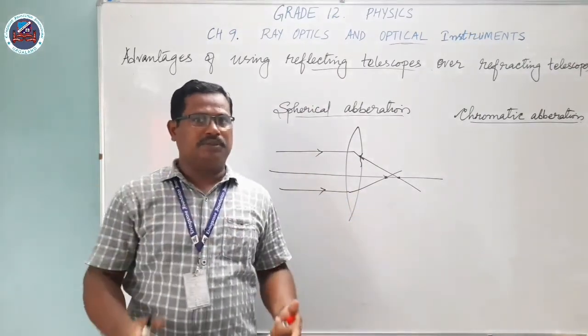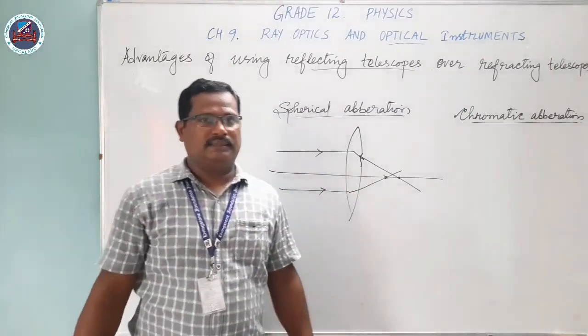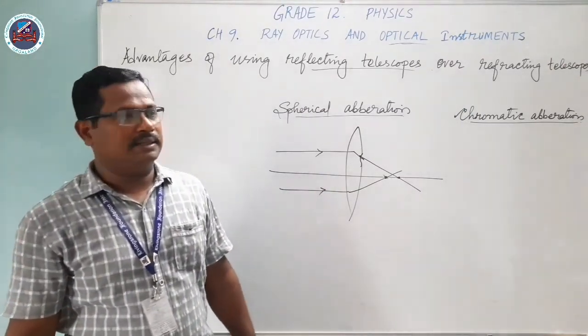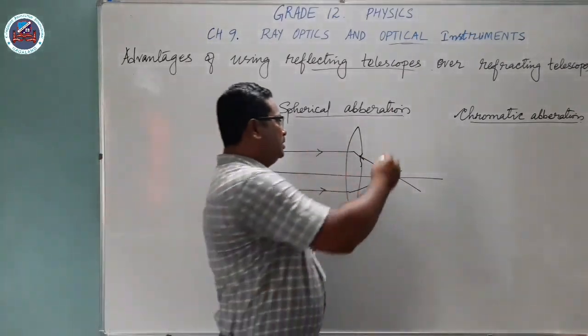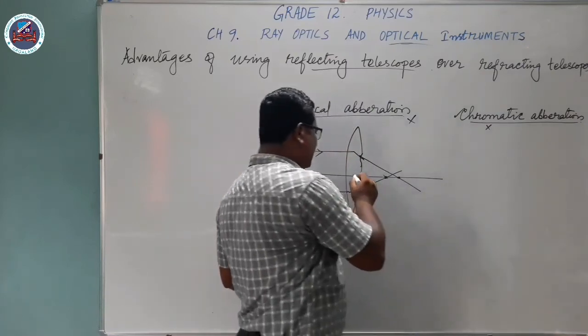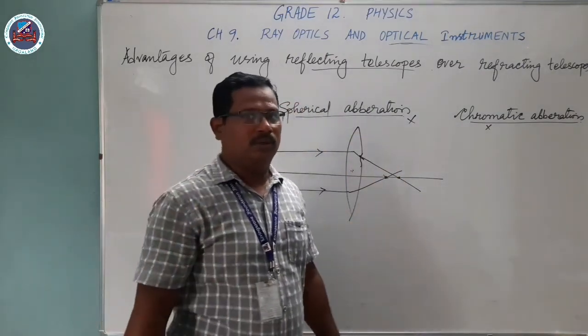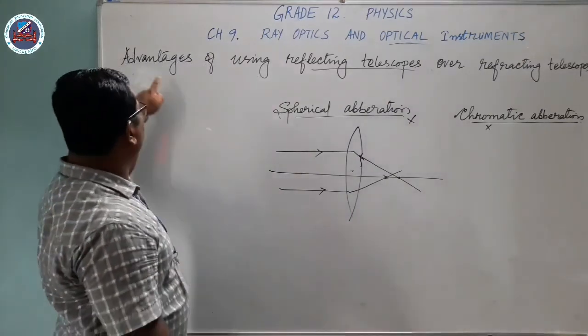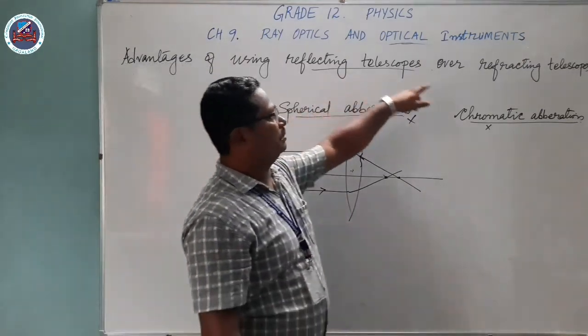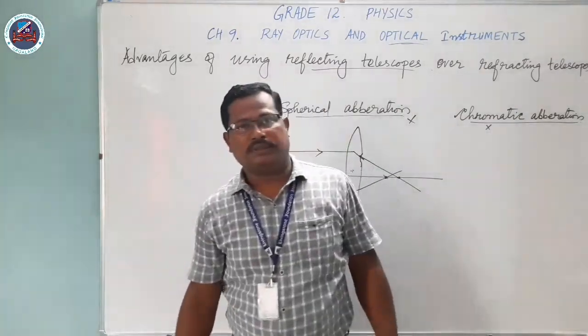So that disturbance will also be there when we use lenses instead of mirrors. But in mirrors, this type of aberration is not present. Only in lenses can you find this type of problem. That is the second reason why we prefer reflecting telescopes, not refracting telescopes.